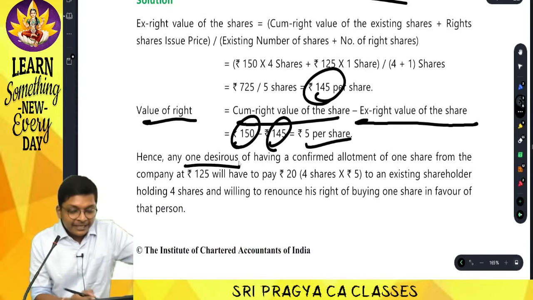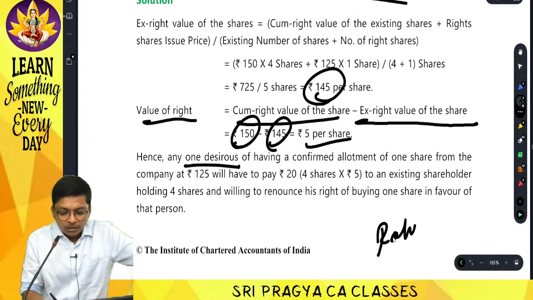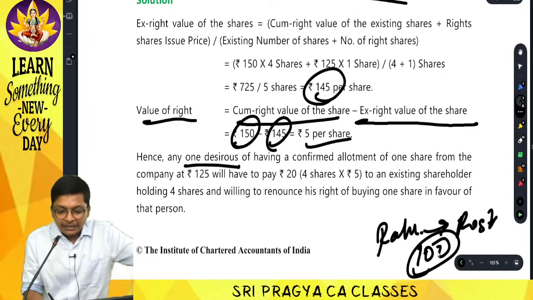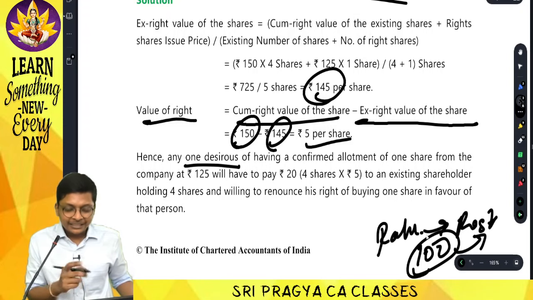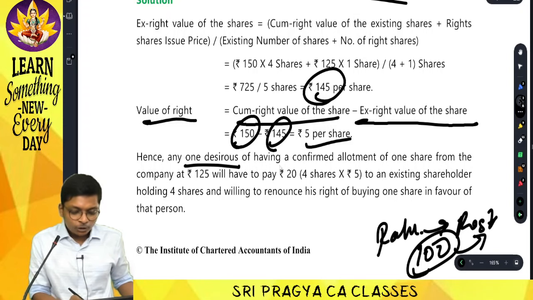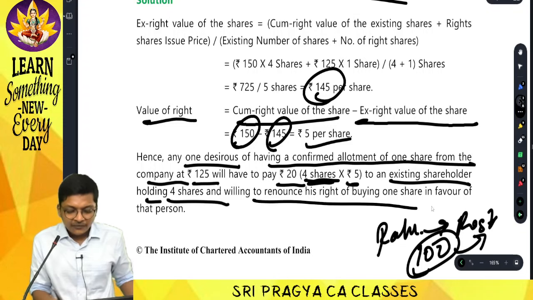In the previous sum, Rahul purchased from Roshan at 100 rupees, because 100 was the loss for Roshan. Here, if anybody wants to buy in renunciation, desirous to have a confirmed allotment of 1 share from the company at 125, they will have to pay 5 rupees per share, so 20 rupees for every 4 shares, to an existing shareholder having 4 shares willing to renounce.